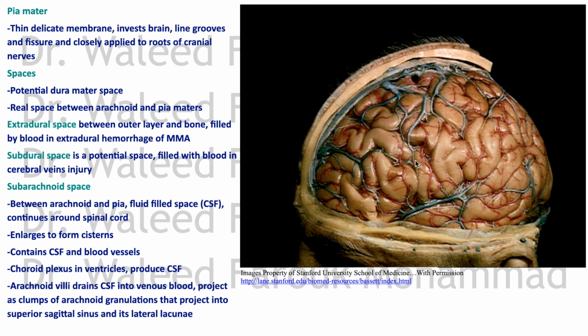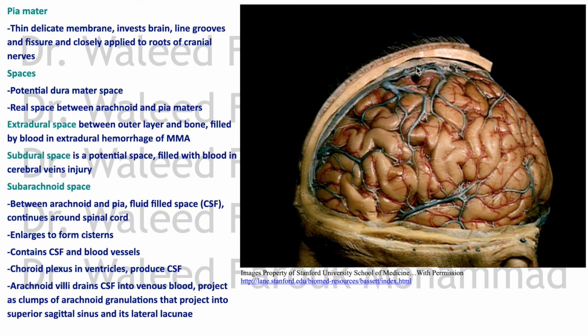We said normally it contains the CSF and contains the vessels. It's produced by the choroid plexus in the ventricles, a modified part of the mucosa lining with lots of blood vessels in it, and secretes the CSF, and drained by the arachnoid villi that form arachnoid granulations at the top to drain into the superior sagittal sinus.